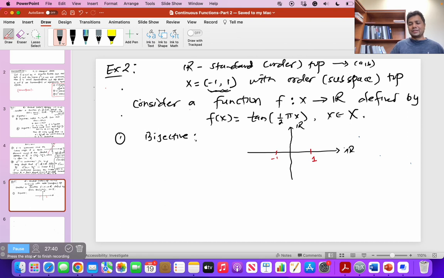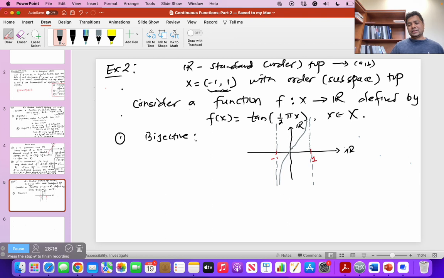If you graph tangent 1/2 pi x, the graph is going to be like this one, with vertical asymptotes at negative 1 and positive 1. This is the graph of your function.